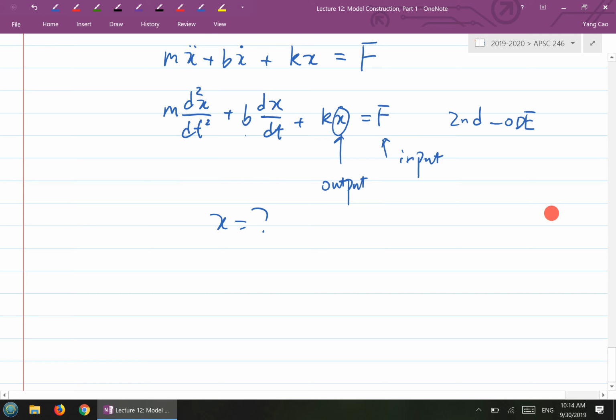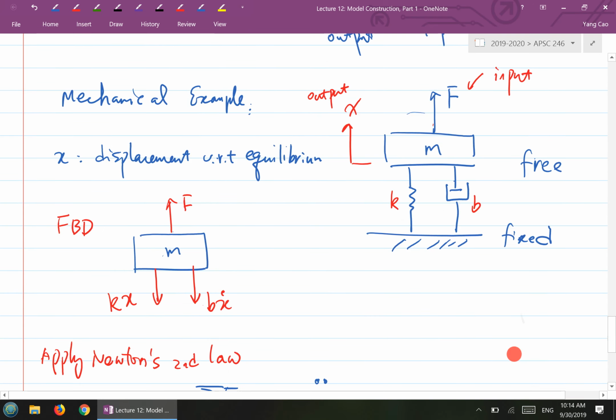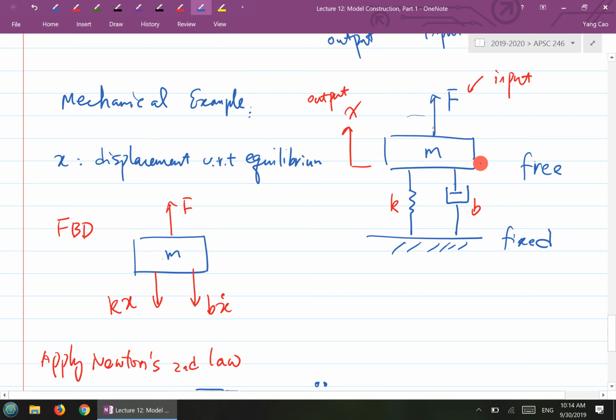So you actually probably should ask a question, which is, over here, where is the gravity force? Why aren't we taking gravity force into this picture? The answer is here. Because we defined x as the displacement with respect to equilibrium.